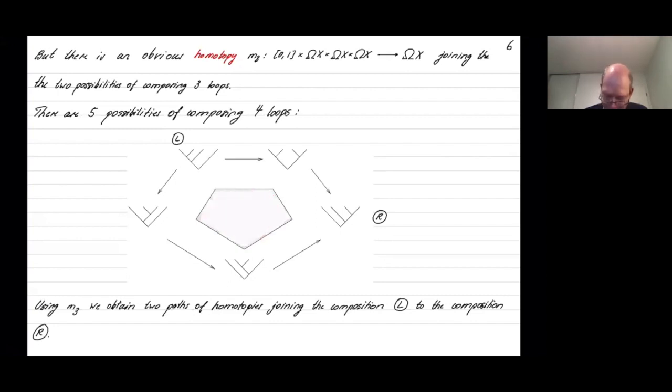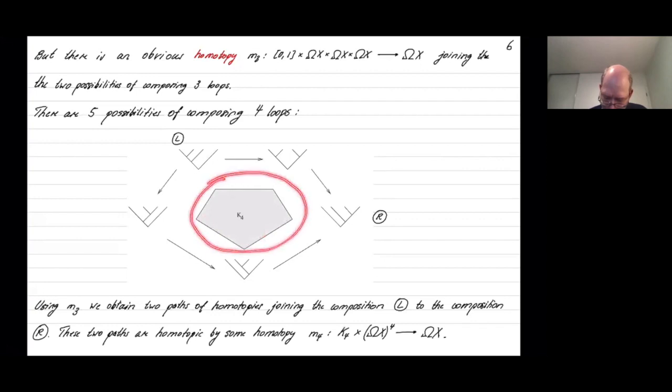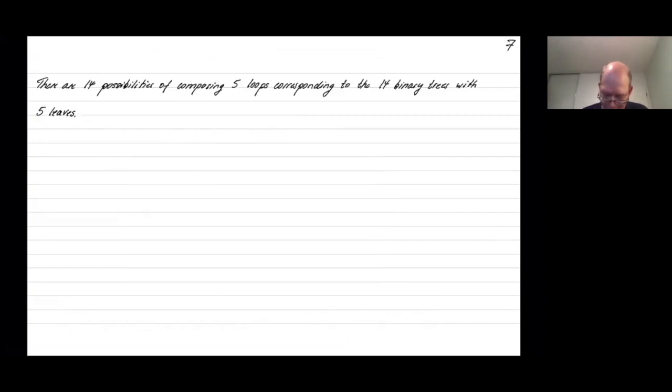So we get a family of compositions parametrized by the points of this solid pentagon, homotopy M4, interpolating between these 2 paths. Okay, so we see we have an interval which appears when we compose 3 loops, then a pentagon when we compose 4 loops. Now, what happens when we compose 5 loops?